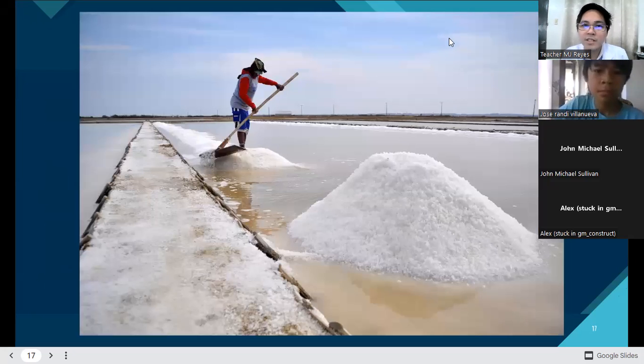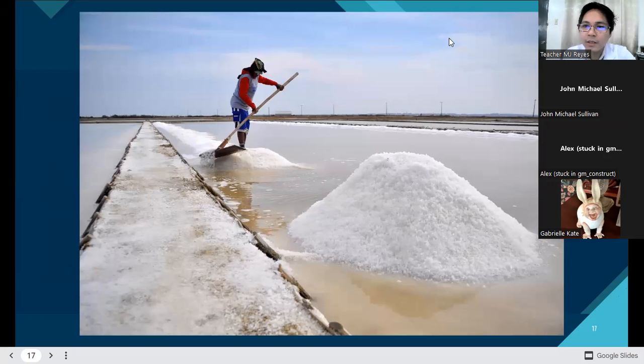So how did we separate the mixture of salt and water? We separated the mixture of salt and water by evaporation. We let the water evaporate, and what is left is clear rock salt. It is now your salt just by drying.